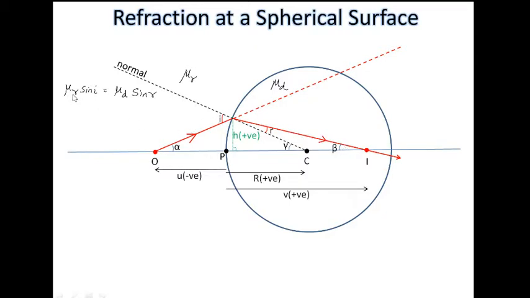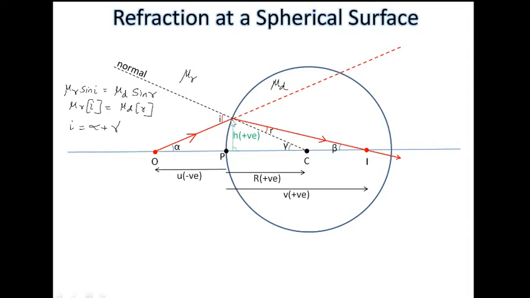So the refractive index of the first medium multiplied by the sine of the angle of incidence is equal to the refractive index of the second medium multiplied by the sine of the angle of refraction. We use the small angle approximation to replace sine i with i and sine r with r. And then we use the exterior angle property to substitute for angle of incidence i and r respectively.